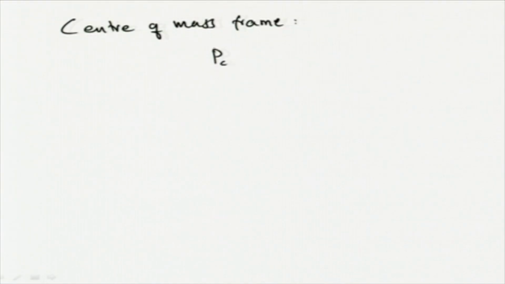So, here we have p_C plus p_A as the sum of the 3-momenta of the 2 initial particles, only 2 of them are there, which is equal to 0.